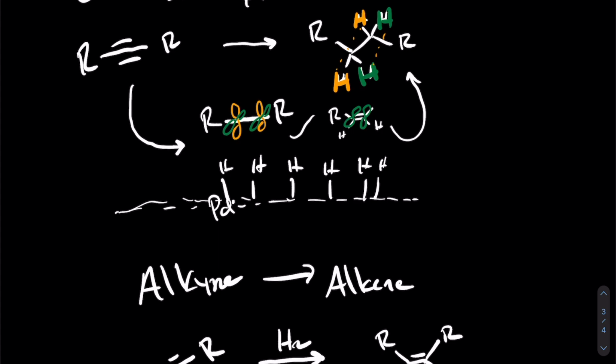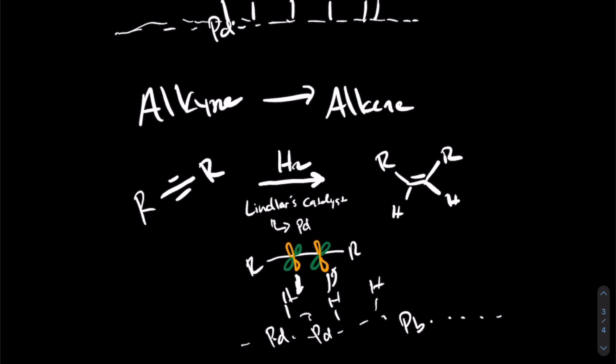Same argument that I made up here, even though it's basically irrelevant because there's no stereochemistry you'll be able to discern from that. The point is that it does the same thing. It adds two hydrogens to the same face of the bond, both added to that orange orbital, and so you end up with a cis double bond.